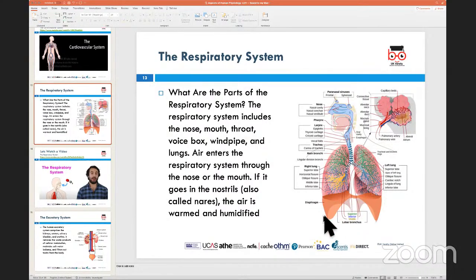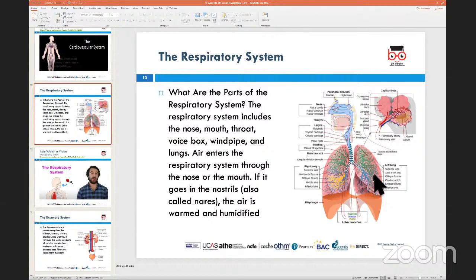Lungs are made up of alveoli and bronchi and various other parts which help in the exchange of oxygen and carbon dioxide in the body. They are like a branching network. And you have two lungs in your body, the left and the right lung.